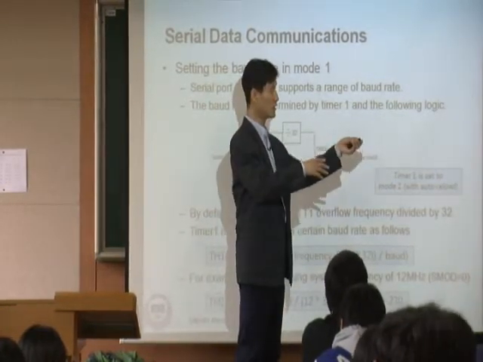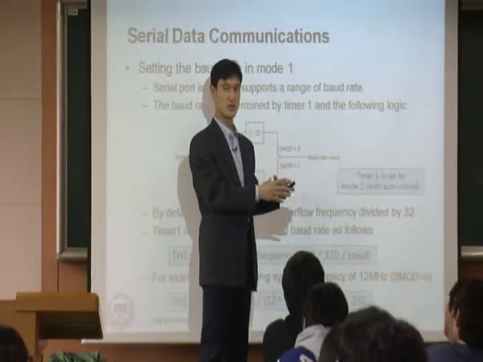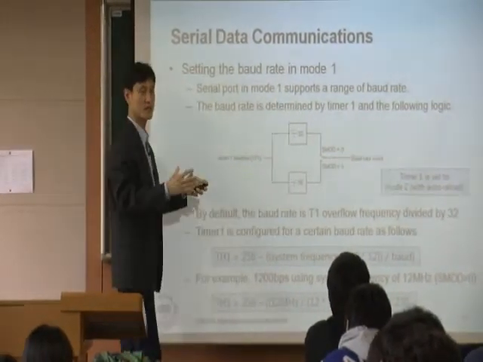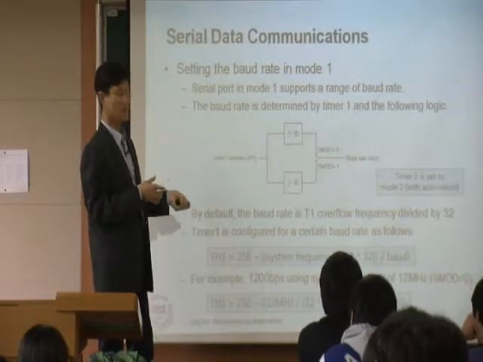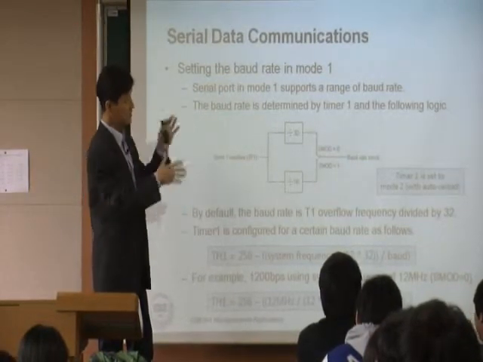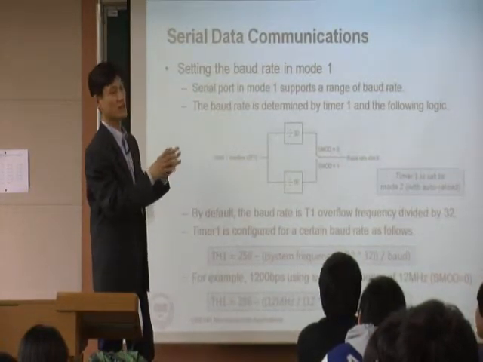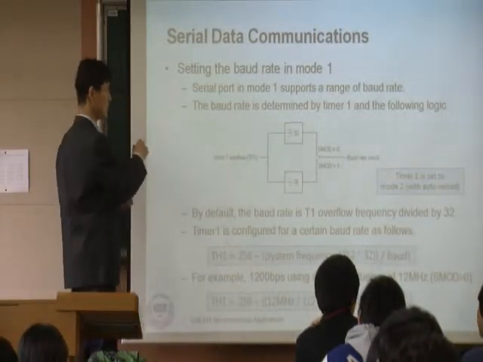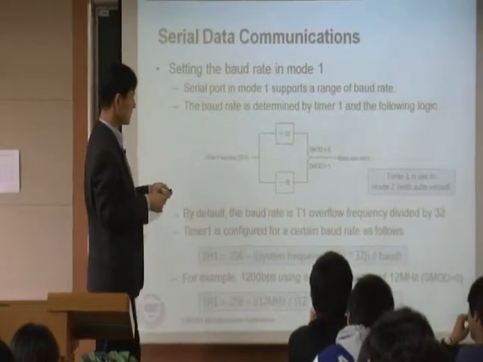In the 8051 processor, we want to set something like 2400 bps. How do you set it? This slide shows you how to set the baud rate, the speed of your bit transmission. So let's take a look at it.